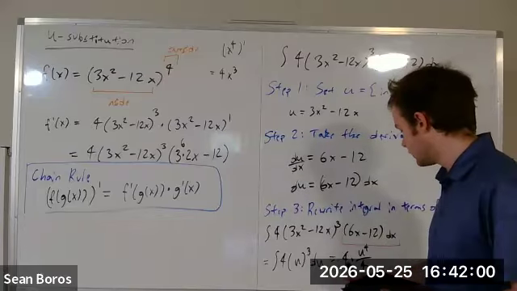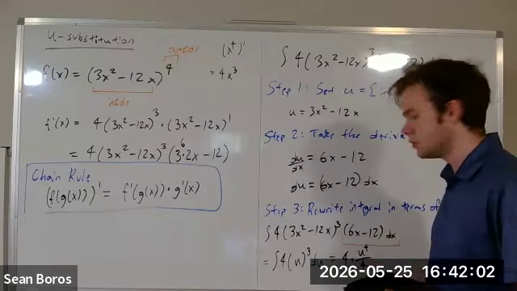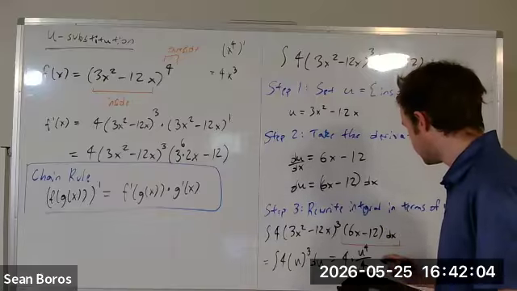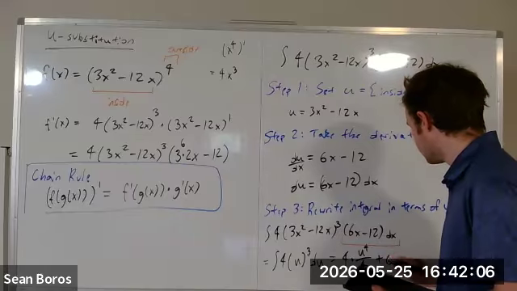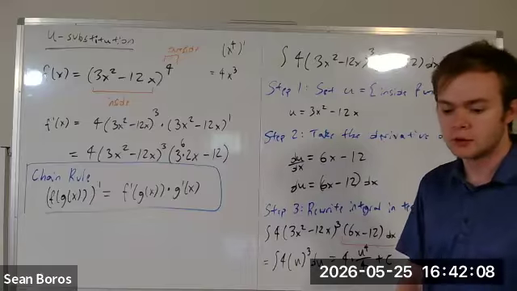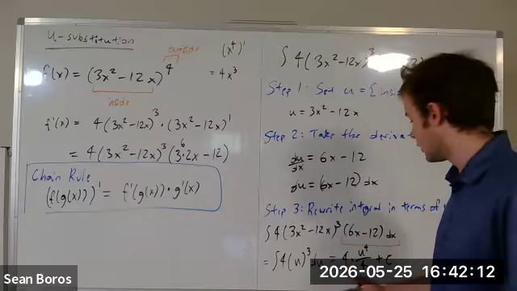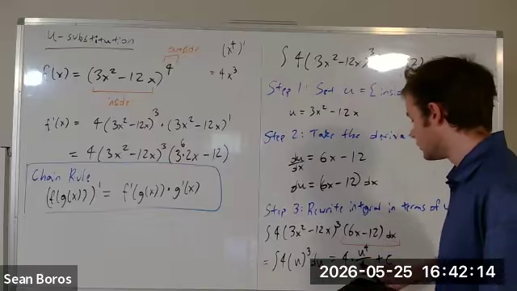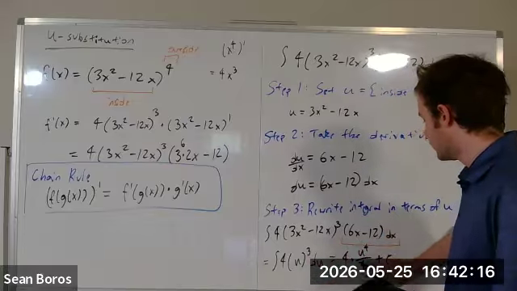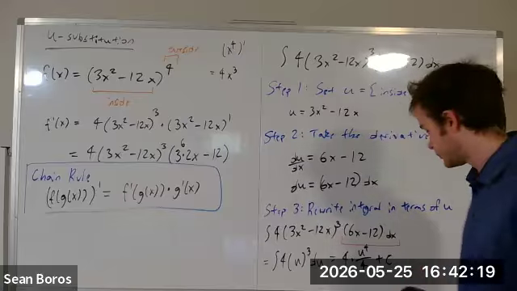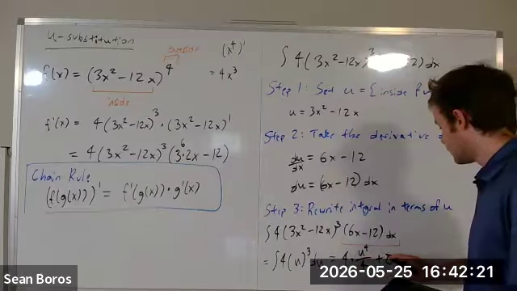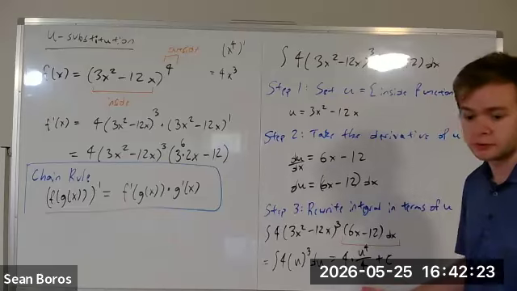So I just increase this 3 to a 4, and we divide by the same number. And remember, for all integrals, we want to add our plus c. Okay, so it might have been a while since some of you have taken Calc 1, but this is how we do it. We just increase the number by 1, and we divide by the same number. Okay, so this is our integral. 4 divided by 4, this is 1.